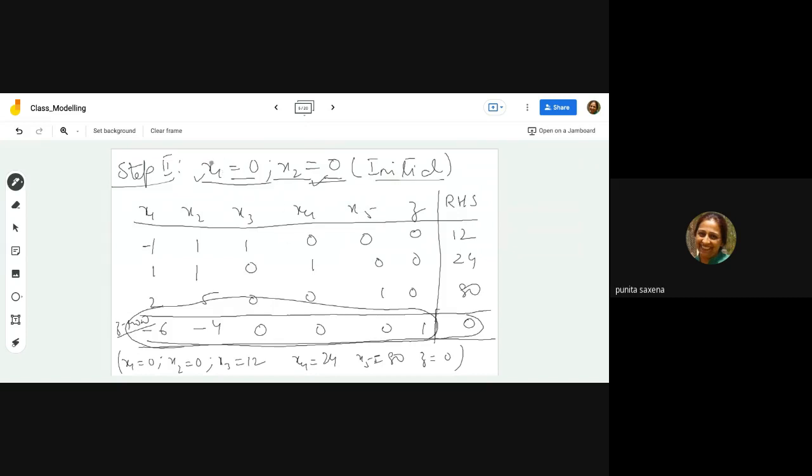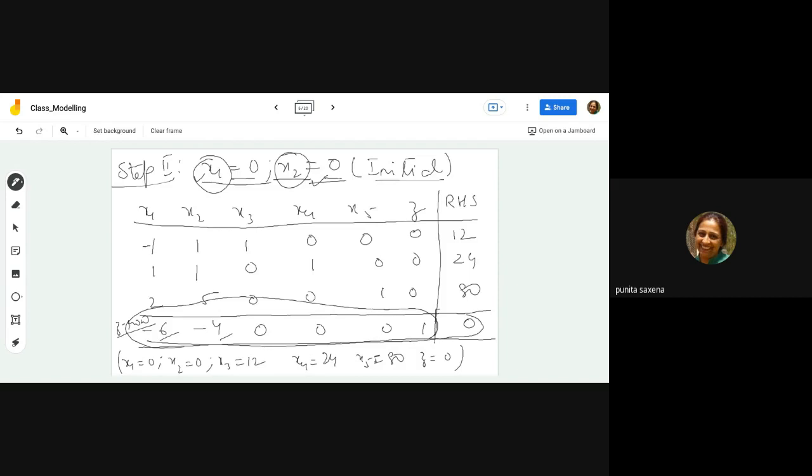Now if I make a choice of putting x1 and x2 equal to 0, then because of the presence of -6 and -4 in the last row, this solution is not optimal. It can be improved. If it can be improved, then either x1 or x2 has to be non-zero, because I cannot change the number of variables that can be put to 0. They have to be 2 because I have five variables and 3 equations.